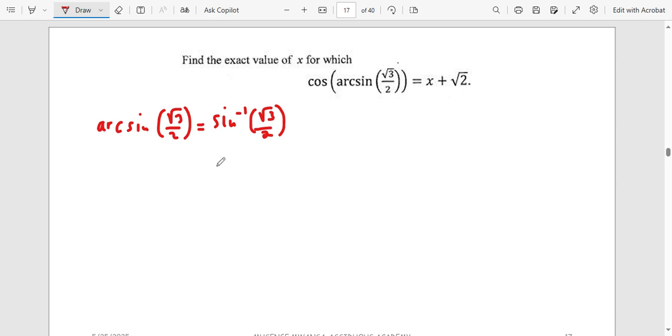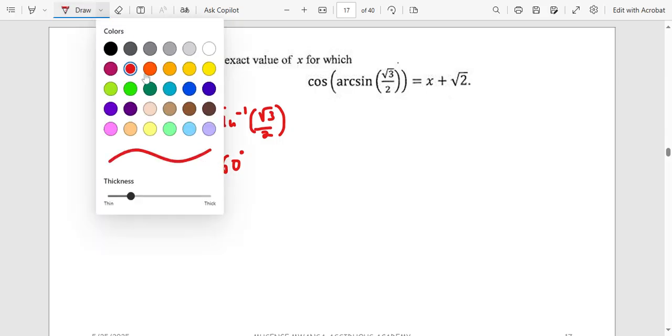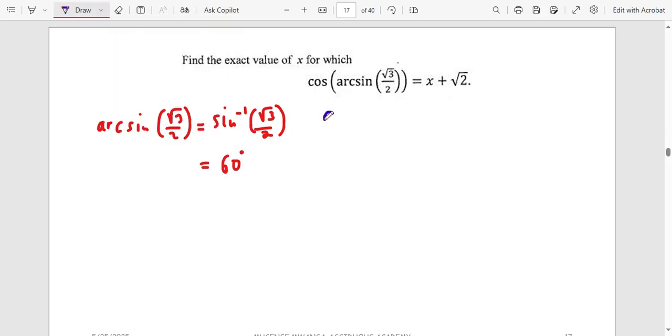But guys, I told you special angles. Sorry, I said that sine of 60 is root 3 over 2. So sine inverse of root 3 over 2 is going to be a 60. All right? So this means that this is going to be cos, where there is arc sine of root 3 over 2, put a 60 there. And this should be equal to x plus root of 2.